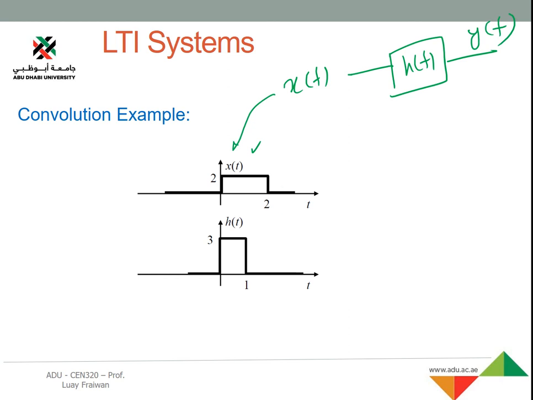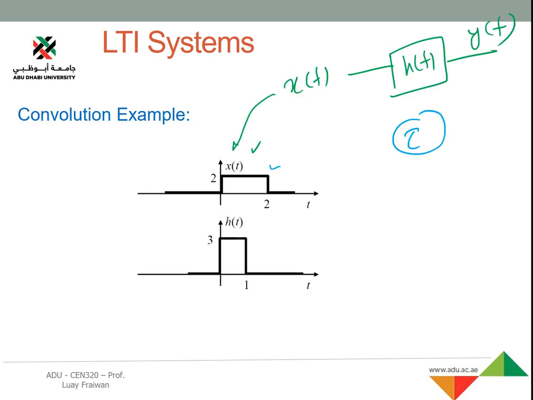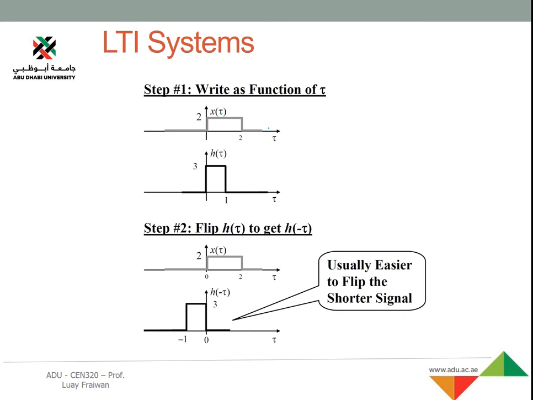For the graphical representation, the first step is that we change our variable to tau. We write the same functions, input and impulse response, in the form of tau: x of tau and h of tau. The second step is to flip one of them. You can flip either x of tau or h of tau, whichever you like.